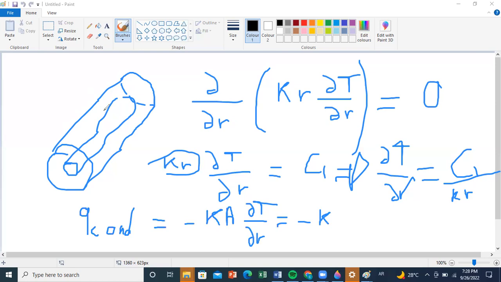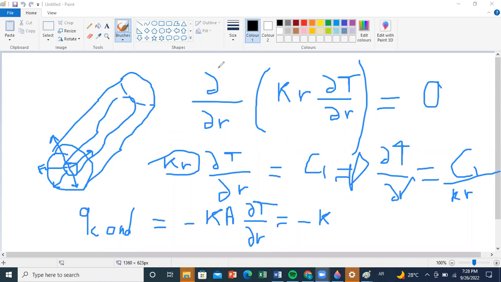If you have one-dimensional conduction in R direction, what will be the area through which you have the conductive flux? So you will have conduction in all directions. Who can tell me what is the area? Yes, it's pi dl or 2 pi r times l, exactly.